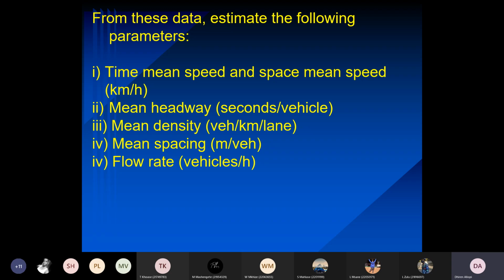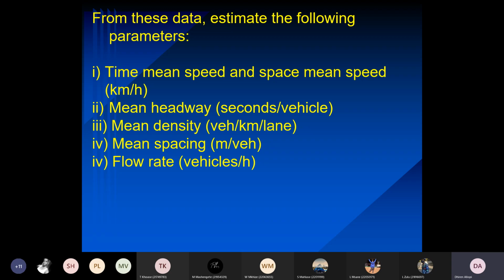Your spacing is your distance between your vehicles. So you can see here the spacing in meters per vehicle. And then finally your flow Q in vehicles per hour. Generally the unit for flow rate is vehicles per hour. So that's very important for you to highlight the units.